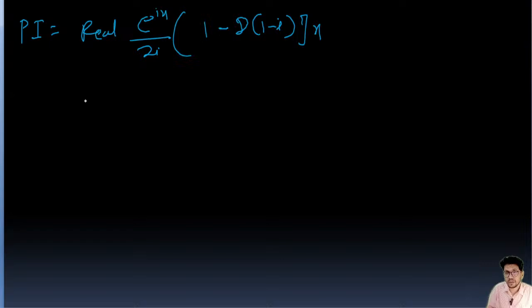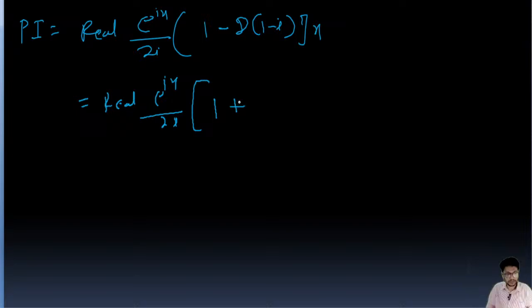Now we'll simplify it further. So e to the power iota x upon 2I into 1 plus, so we'll simplify it further.